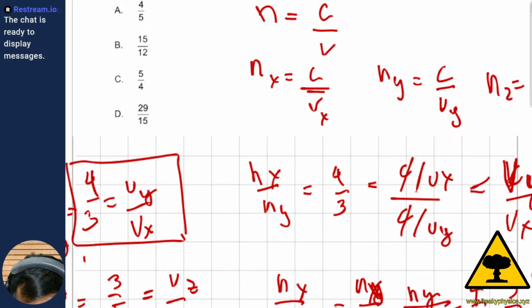So that's going to give us 4/5, right? That's all we need to know. Done. So our final answer, A. We actually didn't even need to know vy over vx and vz over vy, but just in case we needed it, it's ready. So we can do it either way. Any questions for this problem?